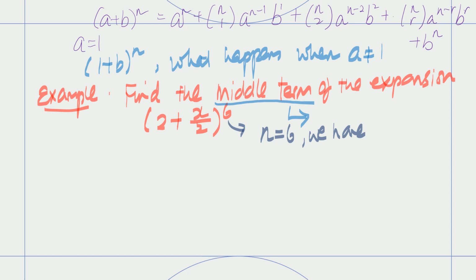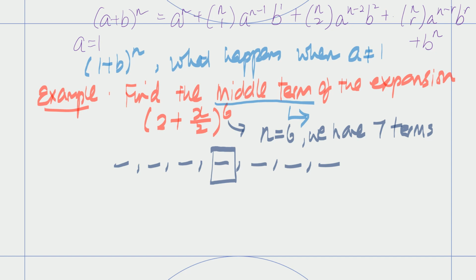After expansion, you will see that we can have up to 7 terms. All right, so if there are 7 terms altogether, 1, 2, 3, 4, 5, 6, 7, then where is your middle term? Yes, the middle term will be this guy here. So this guy will be your middle term.